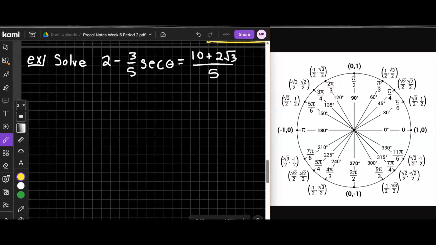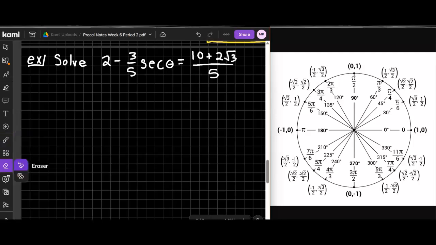Here we go. So here we're solving a more complex problem. And so let's use those same strategies, use those same abilities of simplifying fractions in order to get our theta by itself. First, like I talked about before, I find it to be an effective strategy to simplify our fractions and split that up so we can isolate that square root of 3, which we know is a really important value on the unit circle.